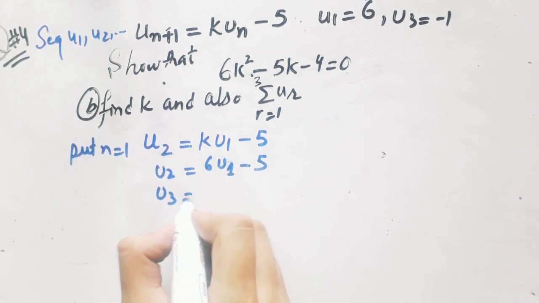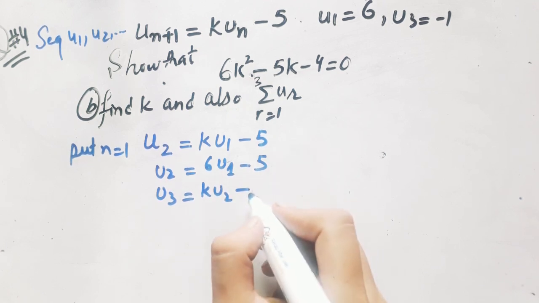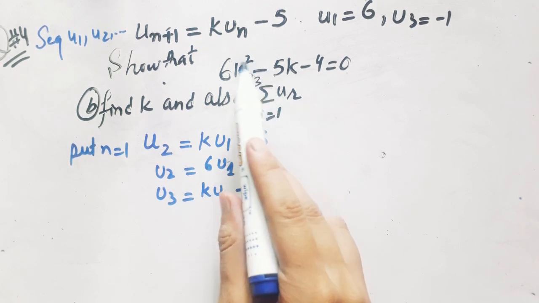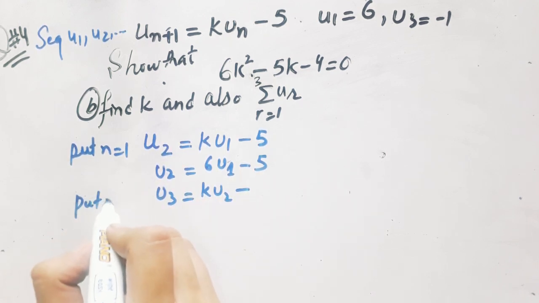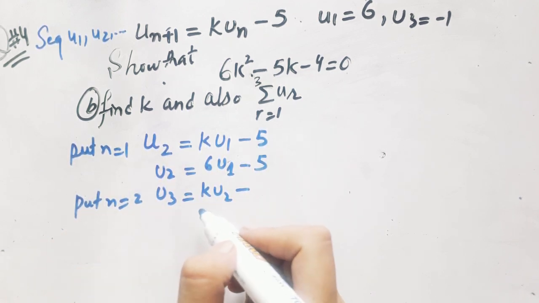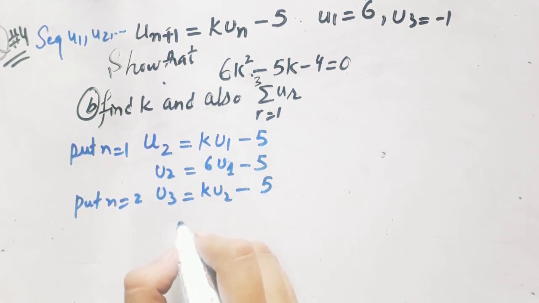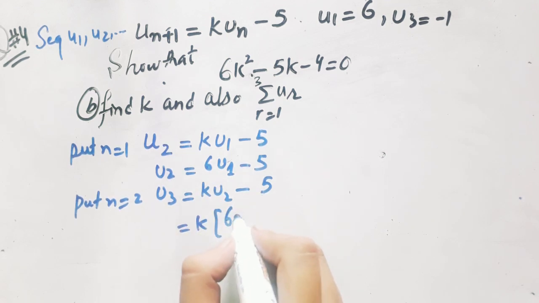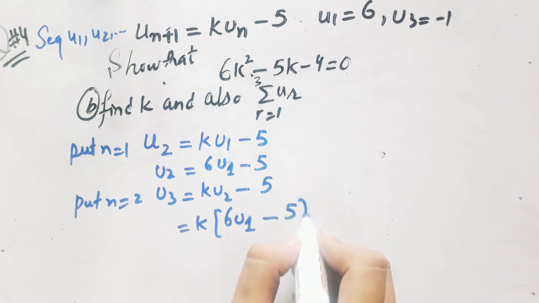Now u3 is equal to k u2 minus 5, now we put n is equal to 2. Now we will put the value of u2 in this, so k into u2 value, which is 6k minus 5, minus 5.